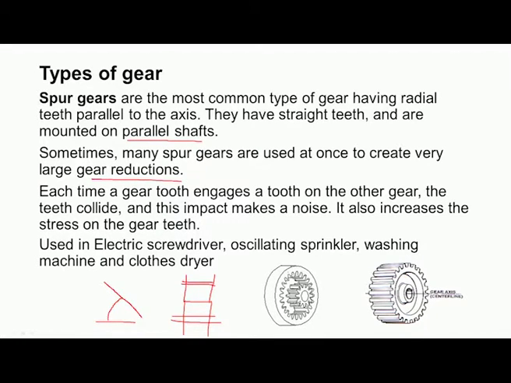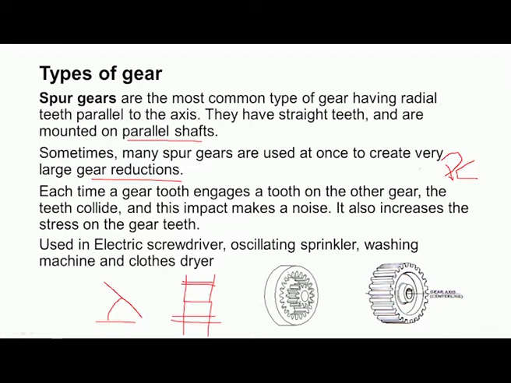Each time a gear tooth engages a tooth on the other gear, that means when the gears are rotating, we have the teeth of one gear and the teeth of another gear. When it rotates like this, this tooth will impact on the mating tooth.